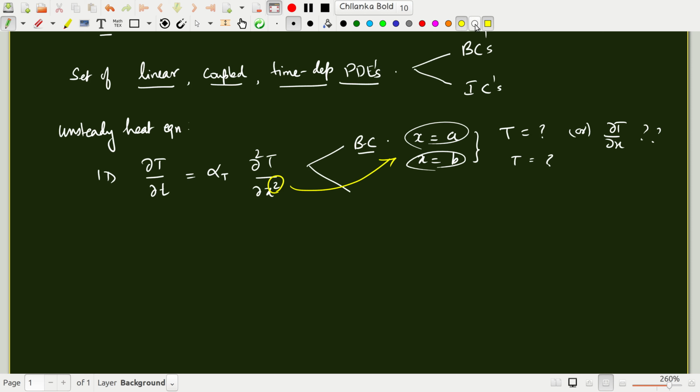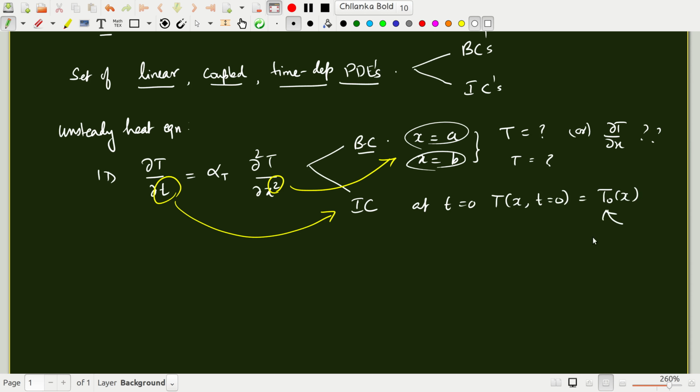Now, in addition, you also need initial conditions, right? The initial condition arises because you have a first order time derivative. You need one initial condition. Usually you will say that at time t equal to 0, the temperature in the domain is some known value or known function or whatever it is.